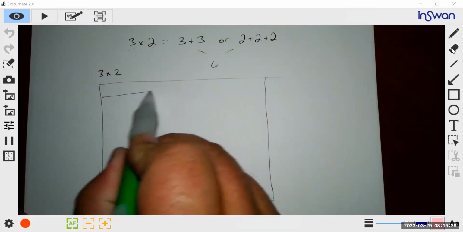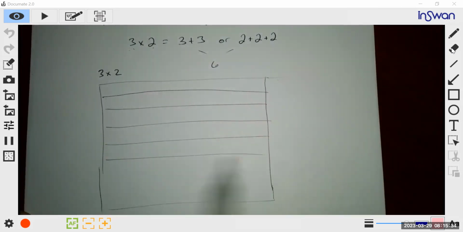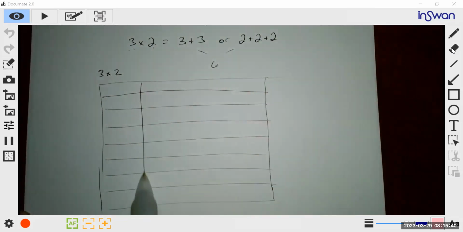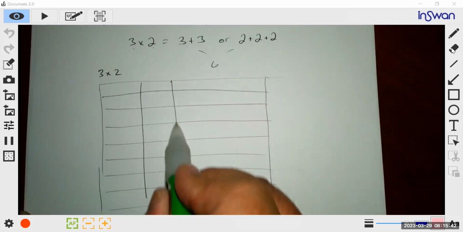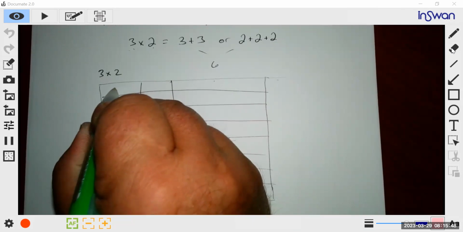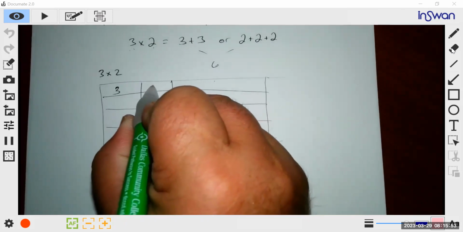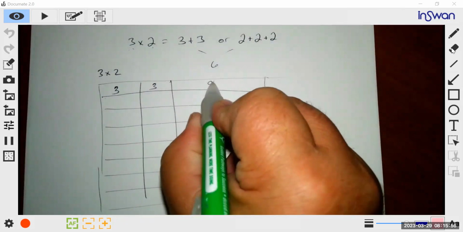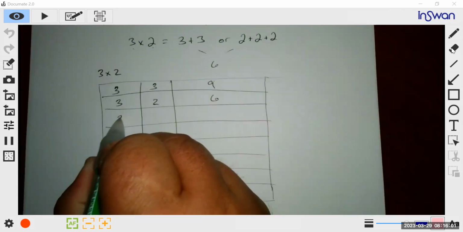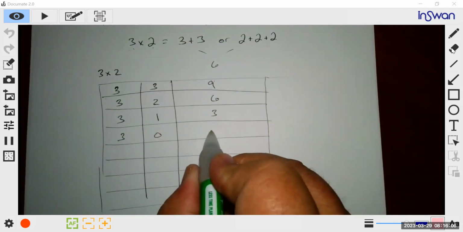So make a bunch of these rows. So we have this time 3 times 3 is 9. 3 times 2 is 6. 3 times 1 is 3. 3 times 0 is 0.